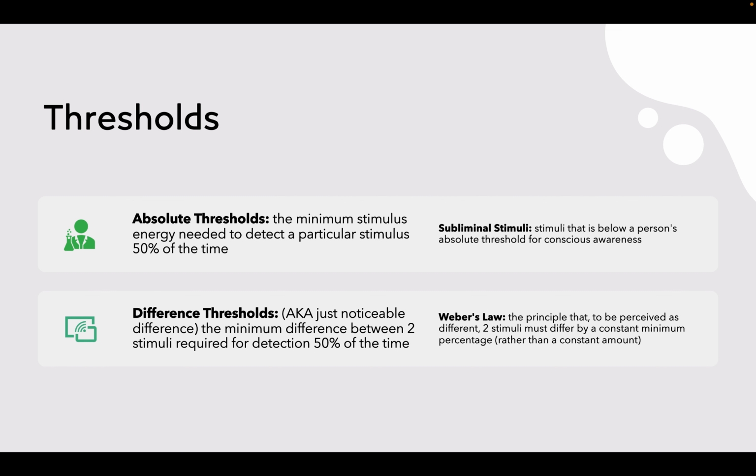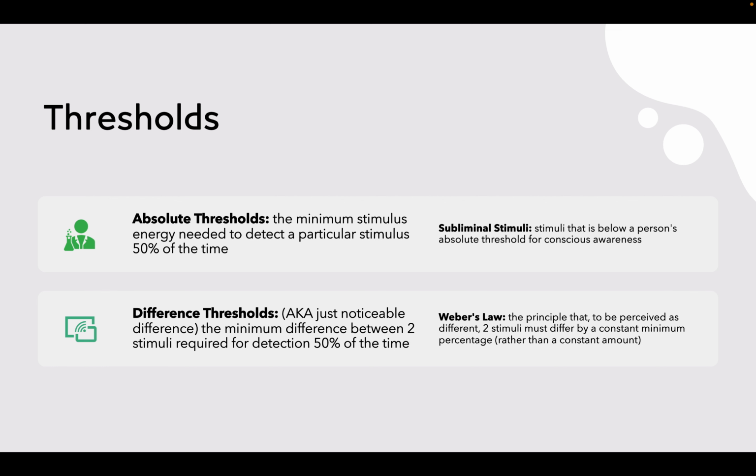For example, if we were to compare two different weights, we picked up one thing that was 5 pounds, and then we picked up another thing that was 10 pounds, we're going to notice a difference between the weight of the two objects, because it is noticeable at that point.